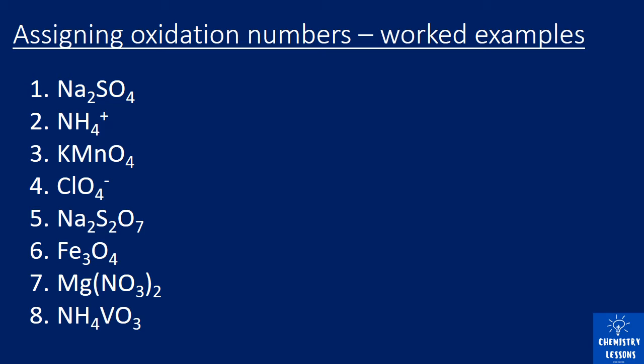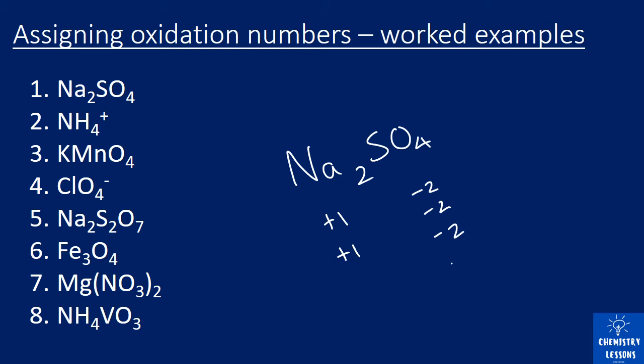Now, I'm going to draw it out and you'll see what I'm going to do underneath. I know that sodium is +1 because it's a group 1 metal. Group 1 metals are always +1. Oxygen is always -2 except in peroxides or when it's with fluorine. And here it's not with fluorine and it's not a peroxide. So there's 4 oxygens, they are all -2, so they add up to -8.